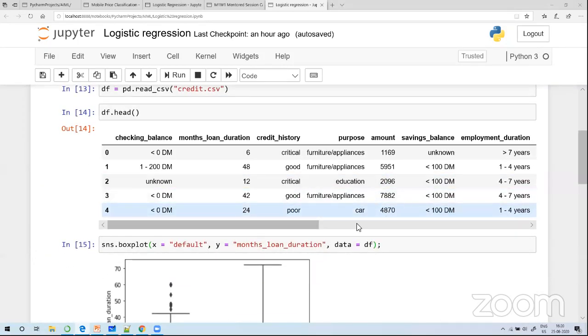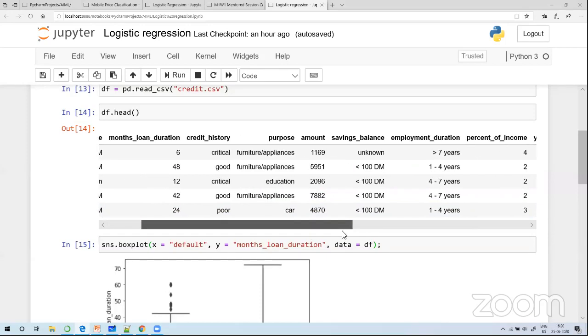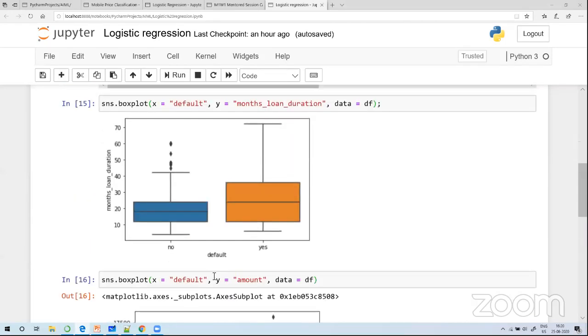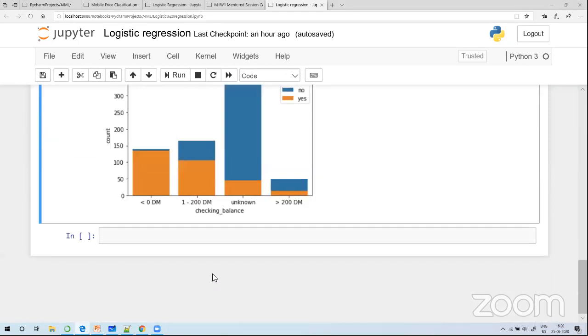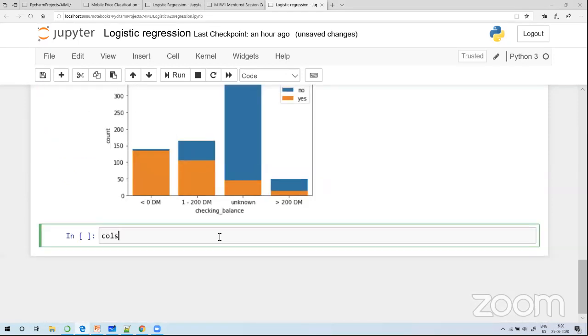And I'm going to select a few variables. So I am going to ignore the rest of the EDA. The columns that I am interested in for my analysis, I'm going to select them. Months, loan, duration.